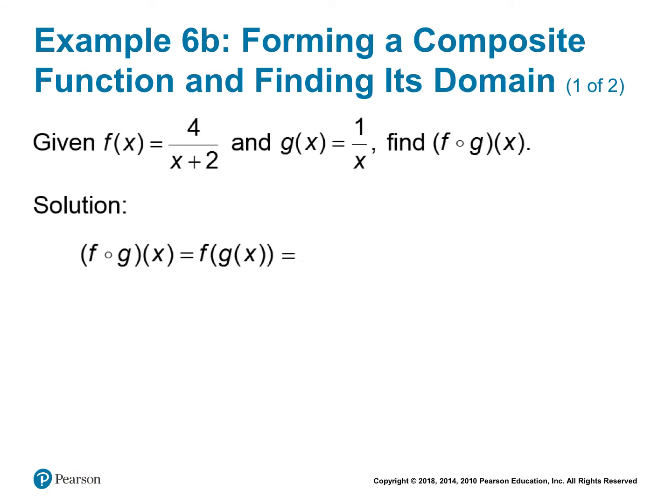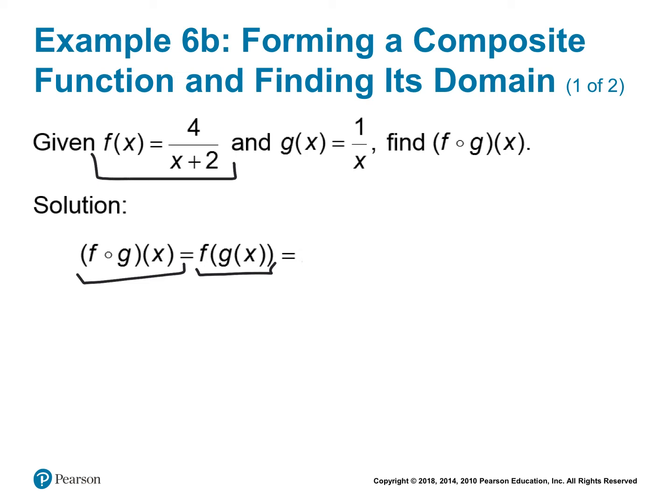So again, these just take practice. Let's try another one. So we have 4 divided by x plus 2 and then 1 divided by x. We want to find f with g. So we said that this means this. So I'm going to take my f formula, which is right here.